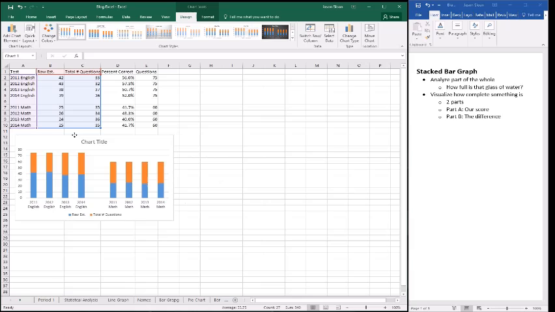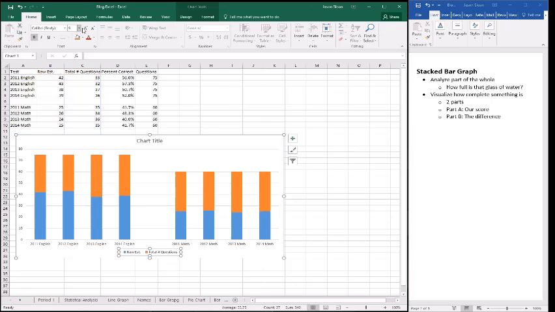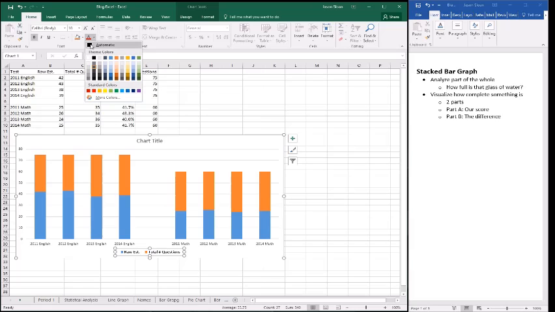So let's bring this down here and make this nice and big. Now when we look at it, the first thing we want to do is make this where we can read it. One of the things that's interesting about these is it's not actually black, you'll notice it's gray.